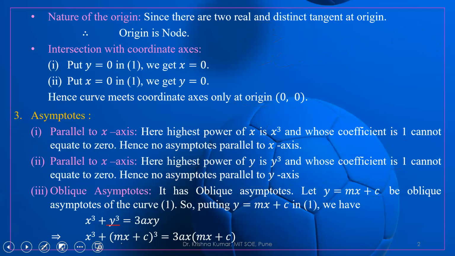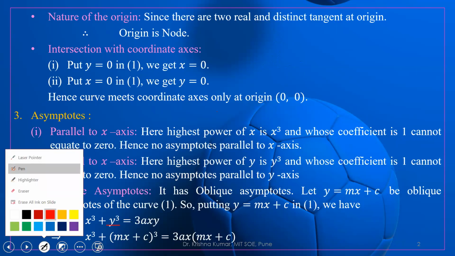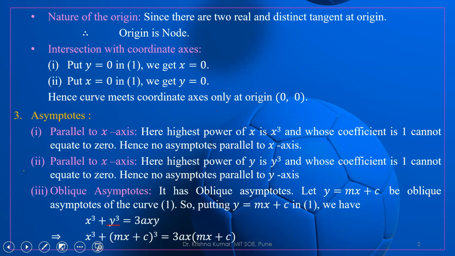So x cube plus mx plus c whole cube equal to 3ax times mx plus c.